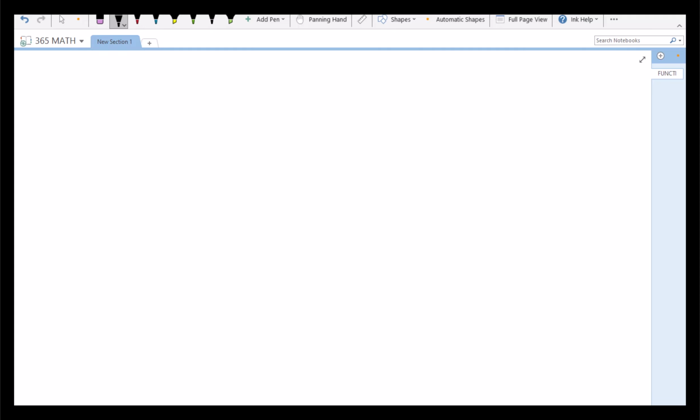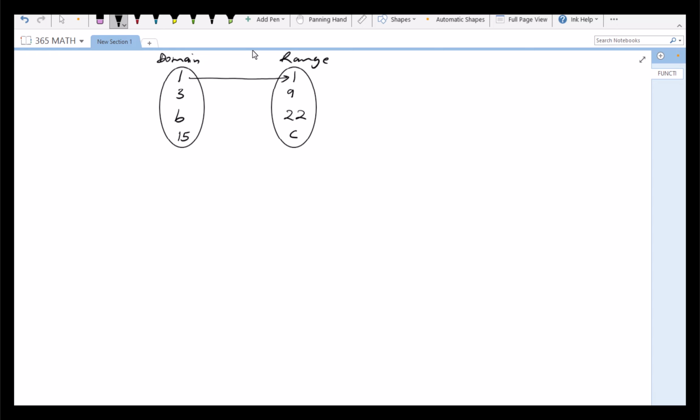We can be given mapping diagrams such as the one below. In the domain, we are given 1, 3, B, and 15. And in the range, we're given 1, A, 22, and C. Remember, it's not complete if it does not show us these arrows.